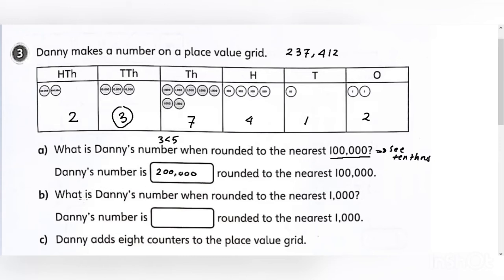And then what is Danny's number when rounded to the nearest 1,000? If we want to round the number to 1,000, we need to see the 100. The 100 here is 4. Since 4 is smaller than 5, we also round the number to the previous number. So the answer here is 237,000. Very easy.